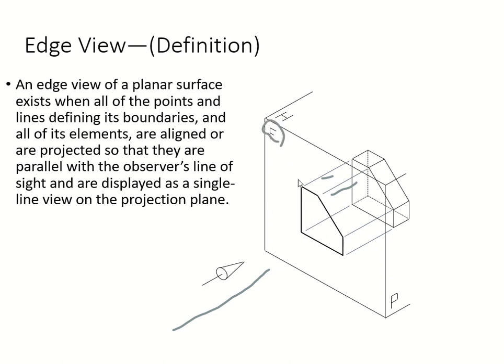So this is your front view projection, and it is made of all these lines, and these lines are parallel to this line of sight. So that's what your edge view is made of. Okay, I erase all the drawings. So edge view is parallel to the line of sight, and your normal view is perpendicular to it.